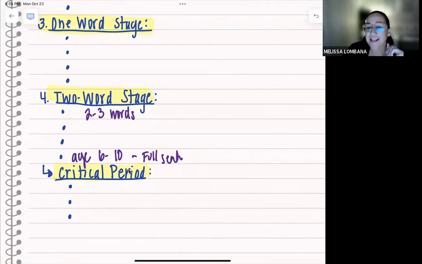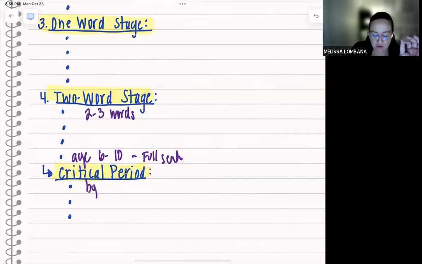However, with language, it is the only one as of now that we have a critical period, which means that if a child hasn't been exposed to any language by the age of 7, they will not be able to master language. So make sure to write that down. By the age of 7 years old, and some are even saying 9 years old, but about 7 years old.